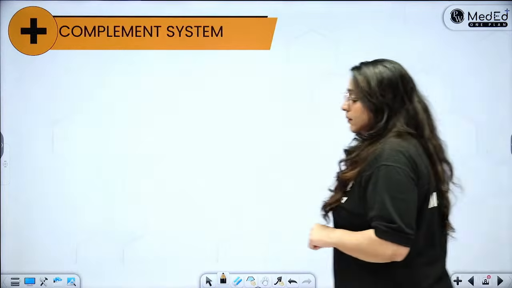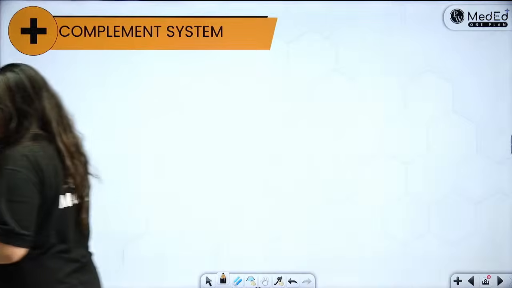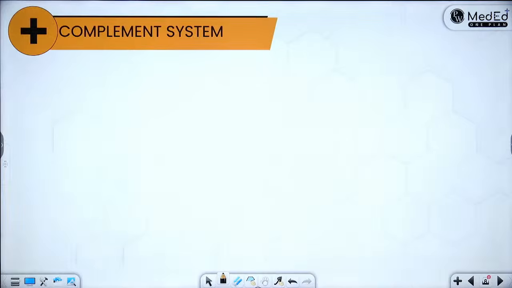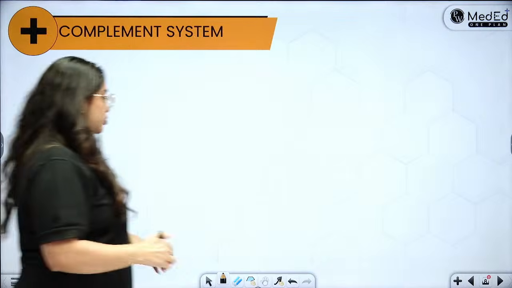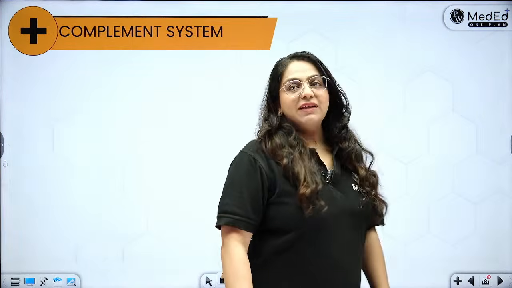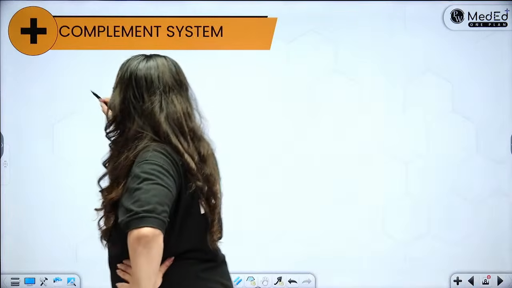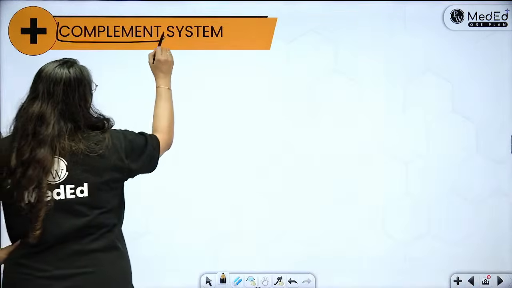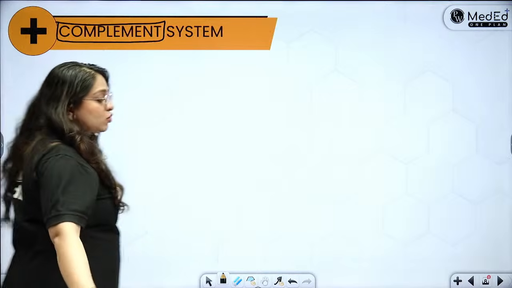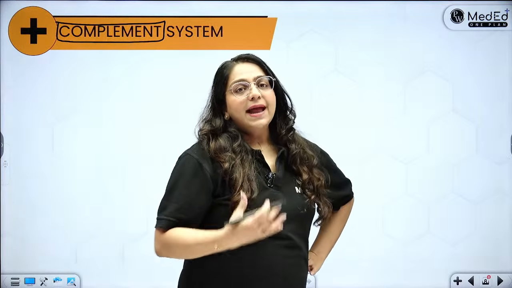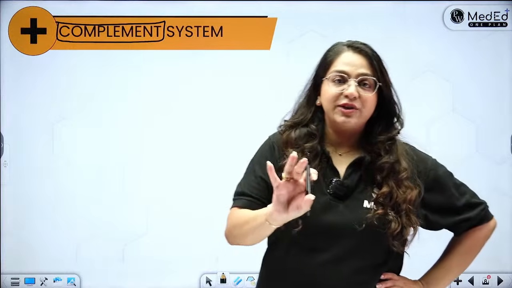Now we have come to the most important topic of today, which is the complement system, and let's quickly revise the topic. So are you ready? Shall we begin? Complement is a series of enzyme activations which leads ultimately to membrane attack complex formation or opsonization and killing of the pathogens.